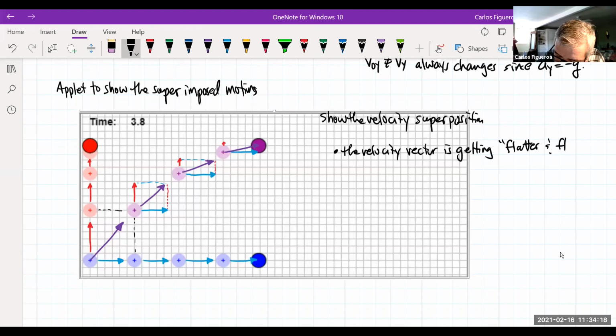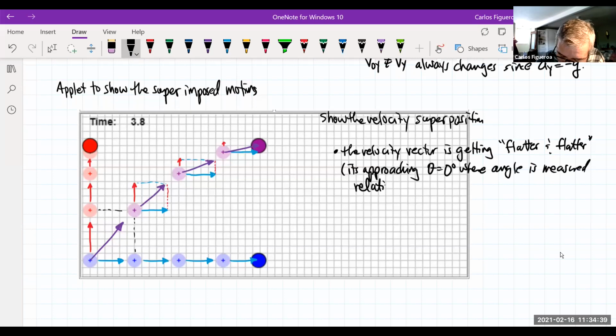In other words, it's approaching theta equals 0 degrees, where the angle is measured relative to the positive x-axis. And then when you get to the very top, what you're going to see is that there's going to be one horizontal vector.